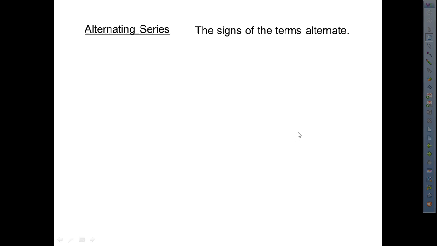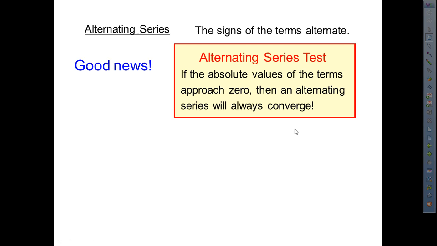All right, alternating series are series whose signs are going to change from term to term. In other words, one term will be positive, the next term's negative, the next term's positive, etc. It's going to go back and forth. That's where the alternating series comes from. The signs of the terms will alternate. Now, good news.